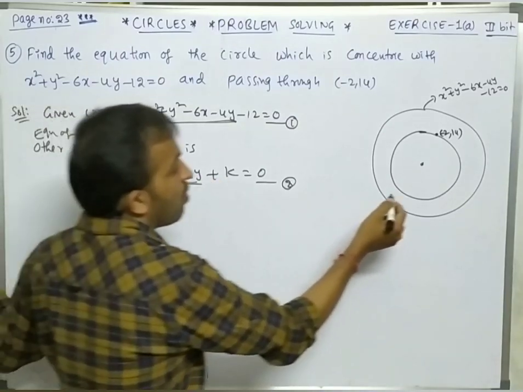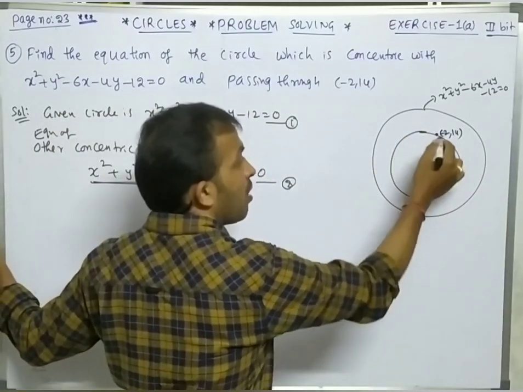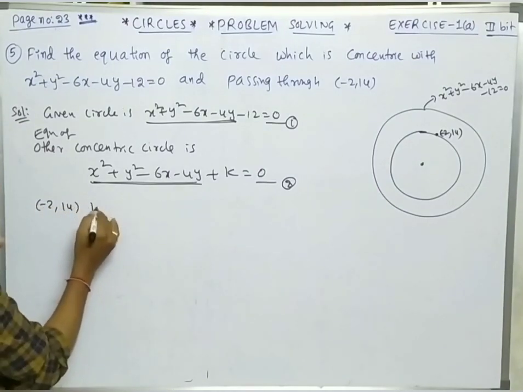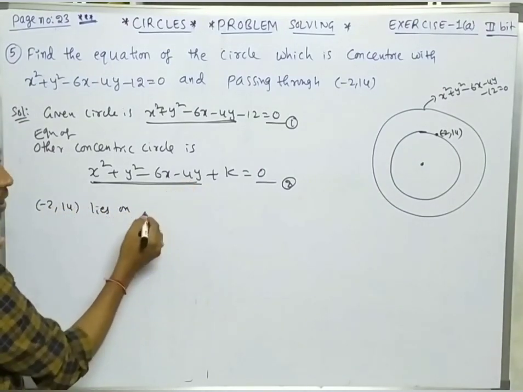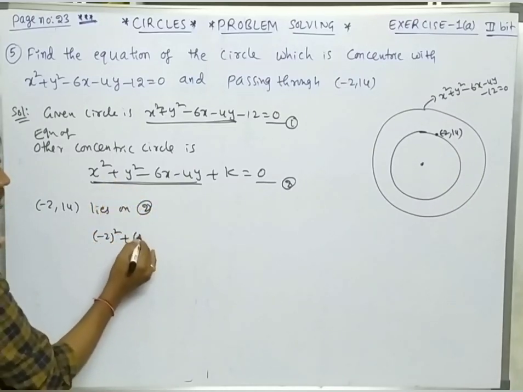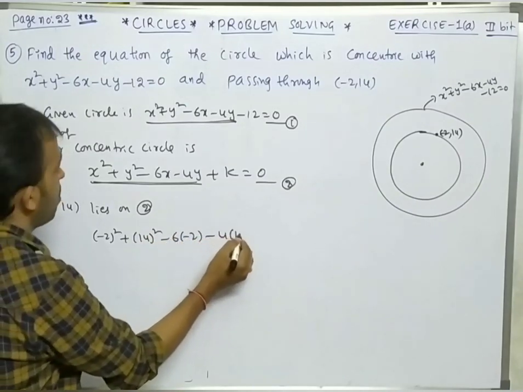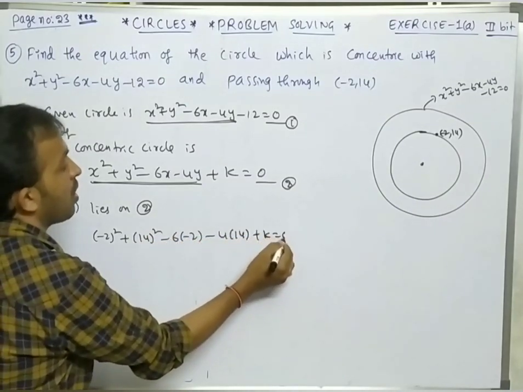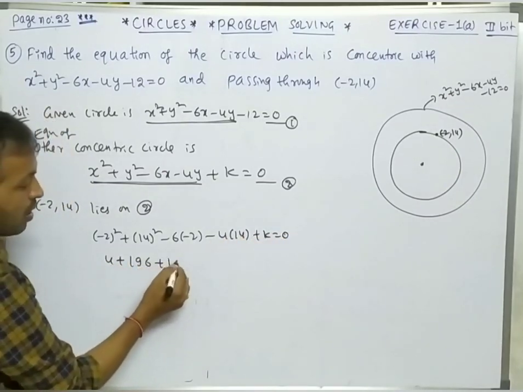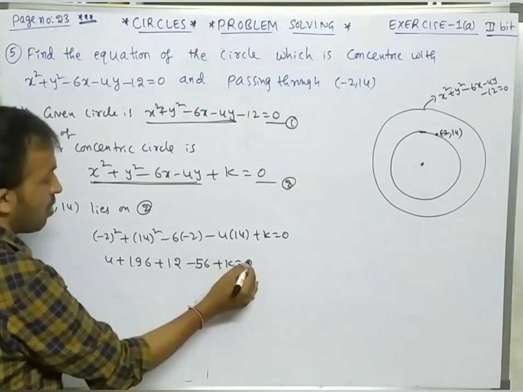For that, one condition is given on the required circle: minus 2 comma 14 lies on it. So substitute this: minus 2 square plus 14 square minus 6 into minus 2 minus 4 into 14 plus k is equal to 0. 4 plus 196 plus 12 minus 56 plus k is equal to 0.